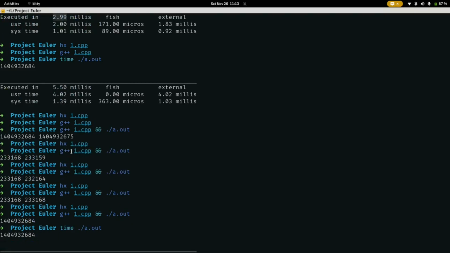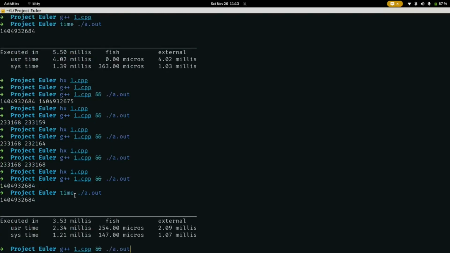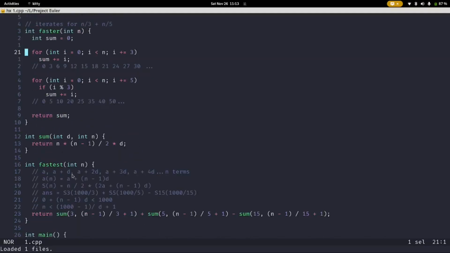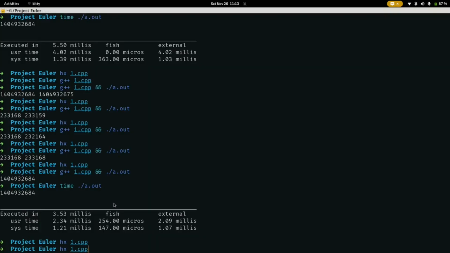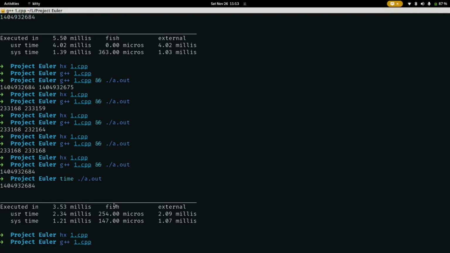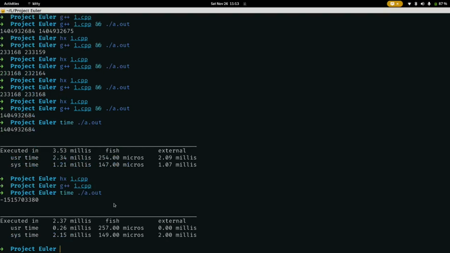It's slower than this because it's not a big enough number. Let's say we were to increase it even further, going to a billion, 1000 million, sorry. And if we compile it again and time it, you can see it executes in approximately the same amount of time, irrespective of what n is.